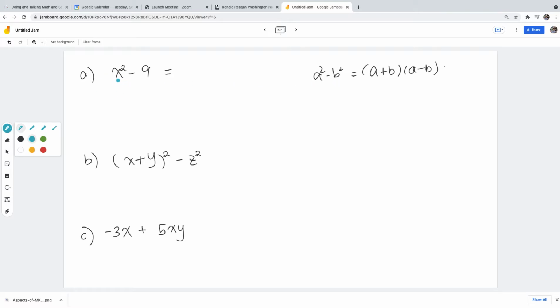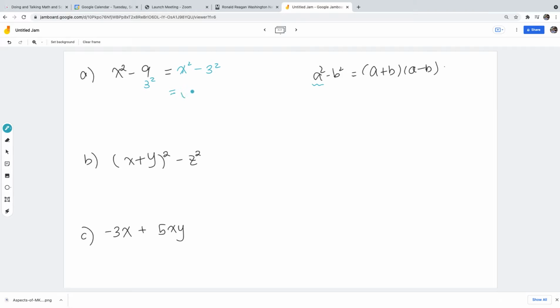So as you can see, x is squared. Oh yeah, it is very similar. And minus, okay? 9 is something squared. What is squared? 3 is squared, right? So we can rewrite this as x squared minus 3 squared. So here I can see that, oh, my a is x, right? A is x.